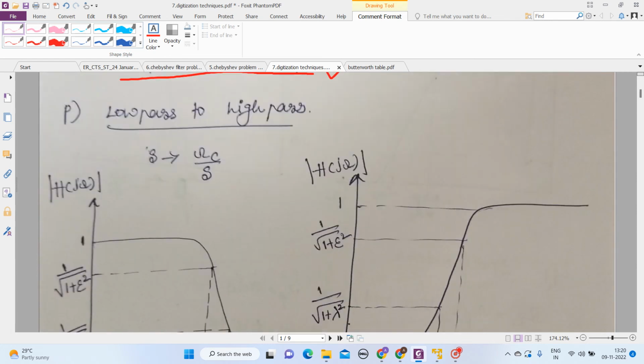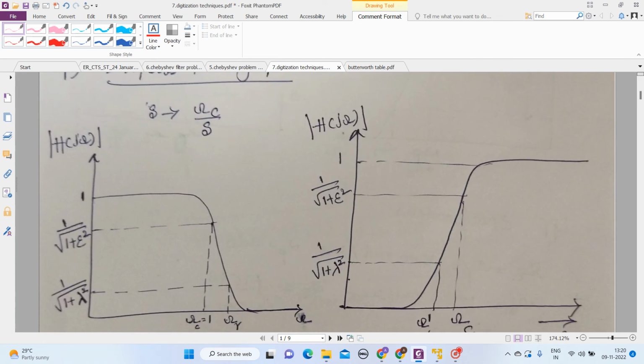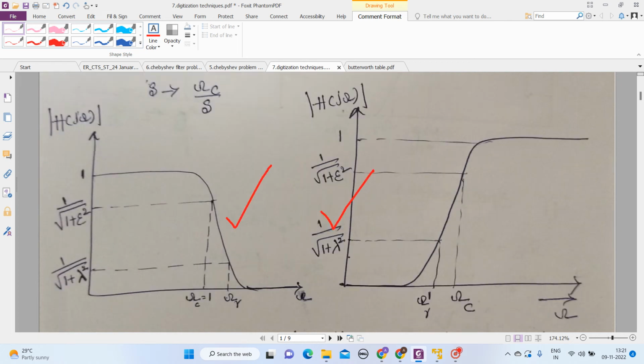You know what type of frequency response this is. It is actually the magnitude response. This is the magnitude response of the low pass filter, and this is the magnitude response of the high pass filter.